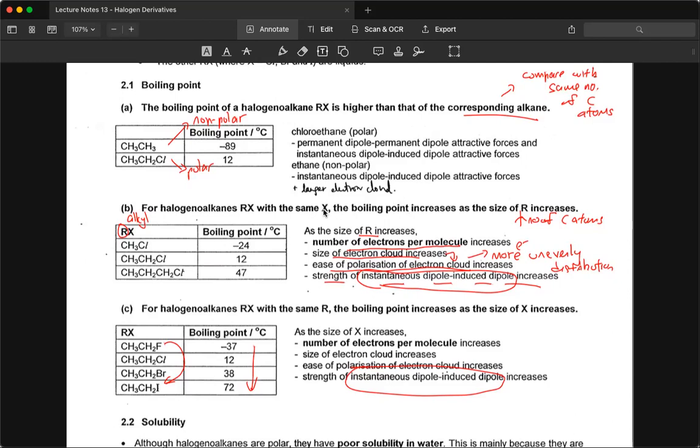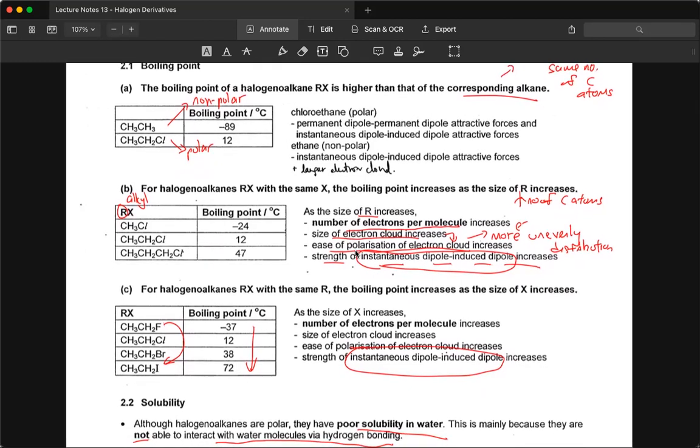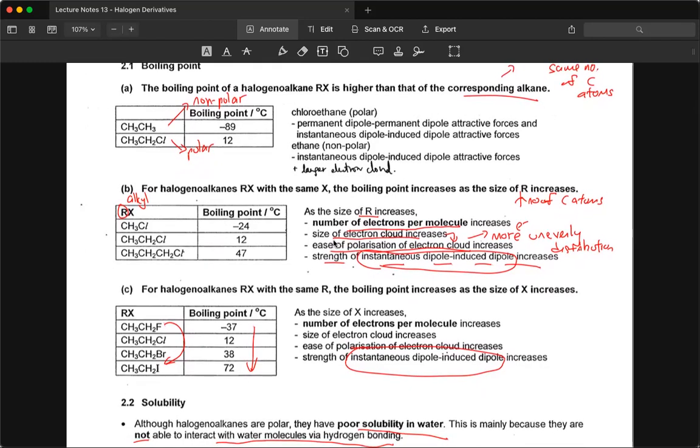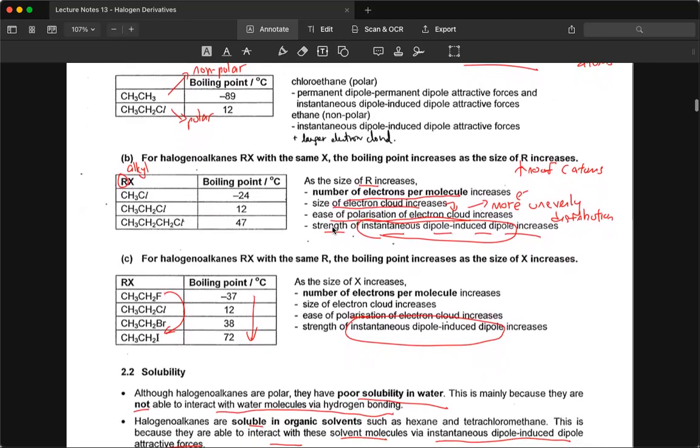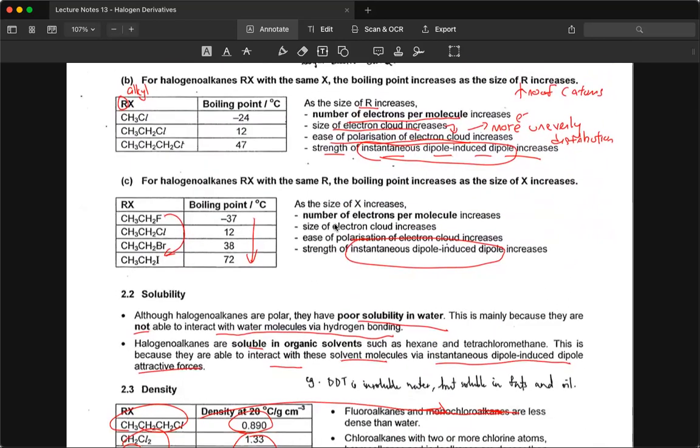So with the same halogen, the boiling point increases as the size of the carbon chain increases. As the size of R increases, the number of electrons per molecule increases. The size of the electron cloud increases, resulting in greater ease of polarization of the electron cloud. This increases the strength of IDID, not PDPD.